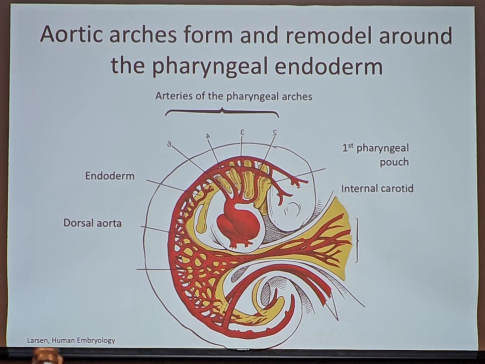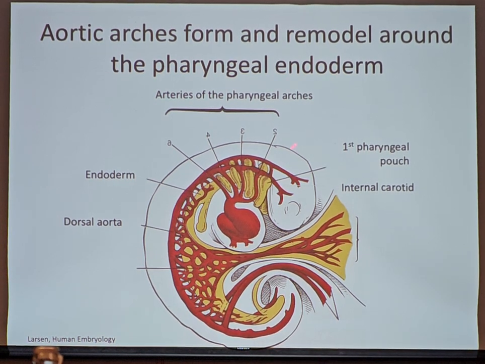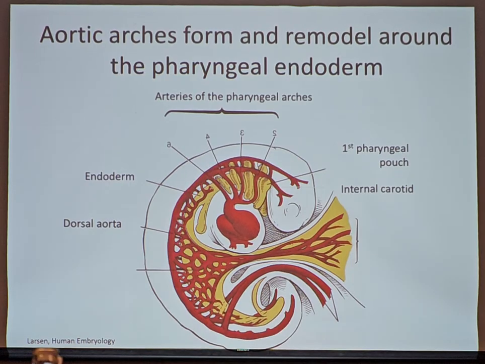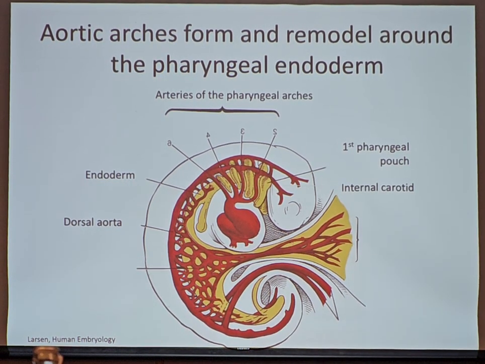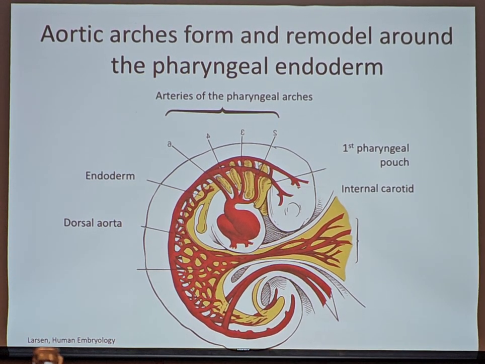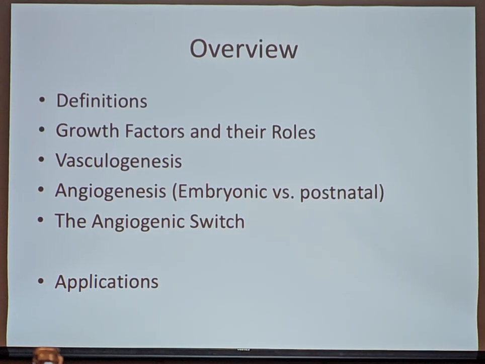Here we have the arteries of the pharyngeal arches, and you will see that over time these primitive vasculatures change, and you will have a more mature type of vasculature. But you also have to remember that things may go wrong, and this can explain arterial variations, where you have, for example, a lusoric subclavian artery, or other variations that I think Insu will discuss with you in greater detail.